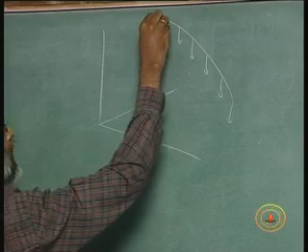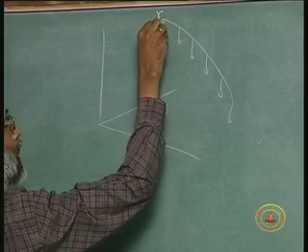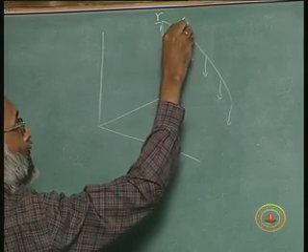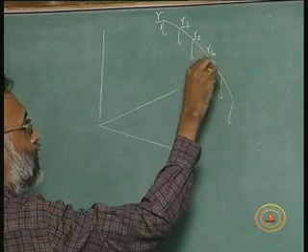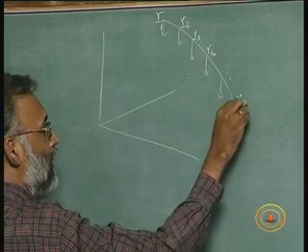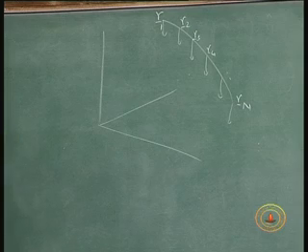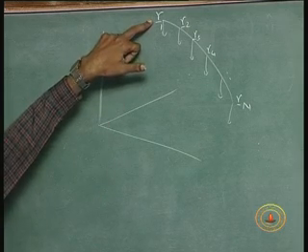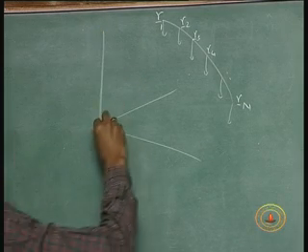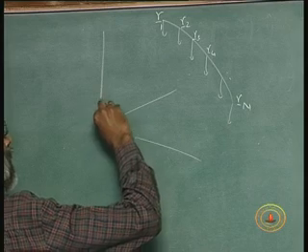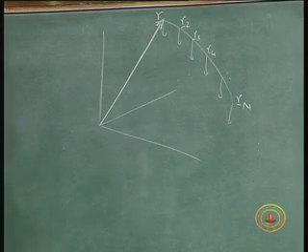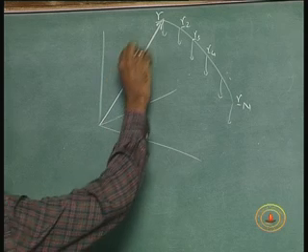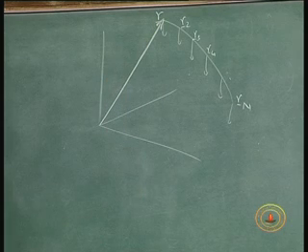So the satellite starts at a position R1, goes to a position R2, R3, R4 and finally say Rn. What do I mean by these R1, R2? I mean I can draw a line from origin to that point and its coordinates are R1.